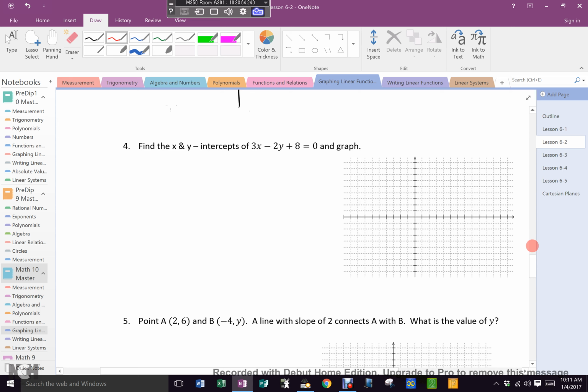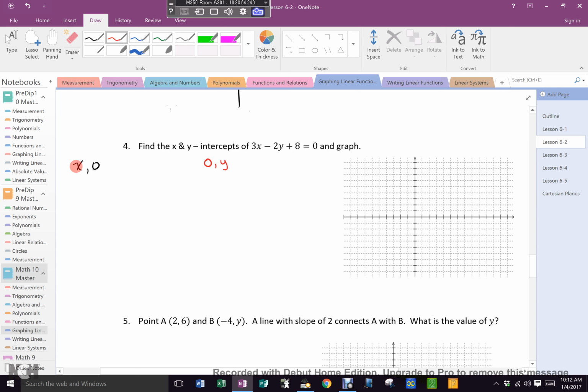Now I left you alone with this one. This one was tricky because it required you to remember yesterday. X and Y intercepts. What is every X intercept? X-intercepts are all x, 0, aren't they? What's every y-intercept? 0, y.